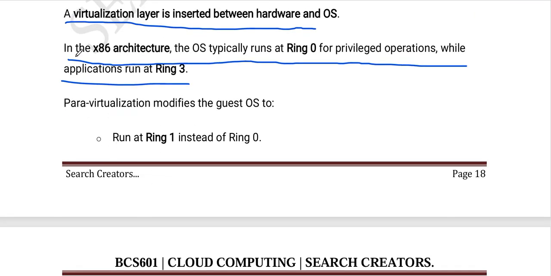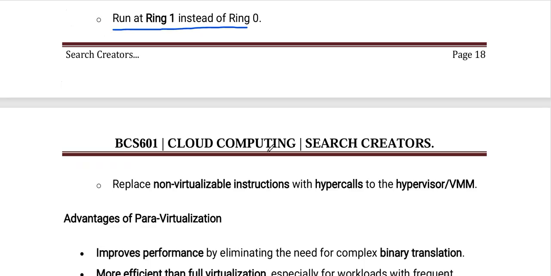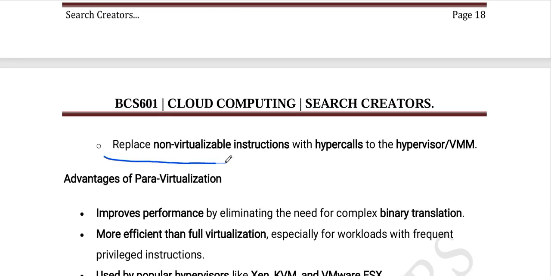Para-virtualization modifies the guest OS to run at ring 1 instead of ring 0. It replaces non-virtualizable instructions with hypercalls to the hypervisor VMM.